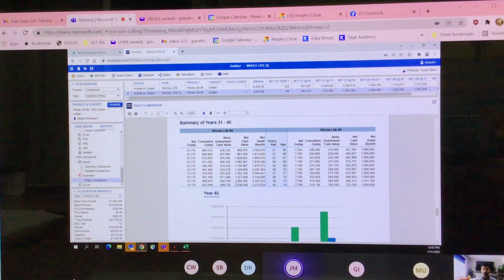We have about $1.5 million in cash and $2.2 million in death benefit. Whereas here, we paid about half, $318,000. But as far as net cash, we only have about half, and net death benefit, again, a little bit less than half, but we paid a lot less.